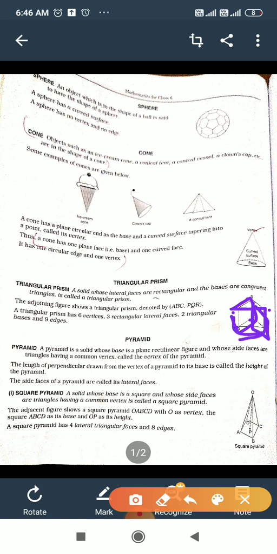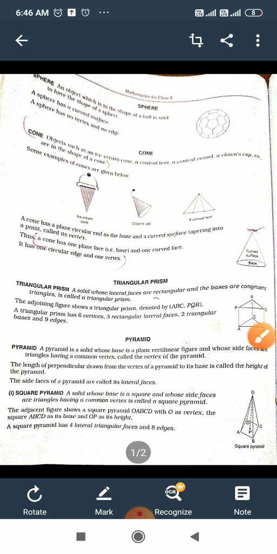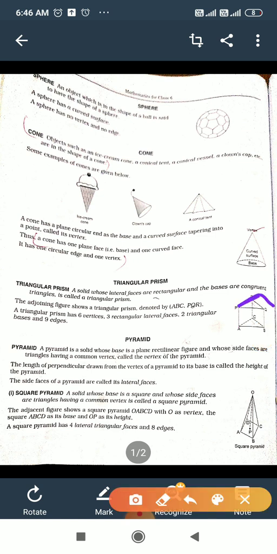And 2 triangular faces: 2 triangles, top and base. Total 5 faces and 9 edges: 1, 2, 3, 4, 5, 6, 7, 8, 9.